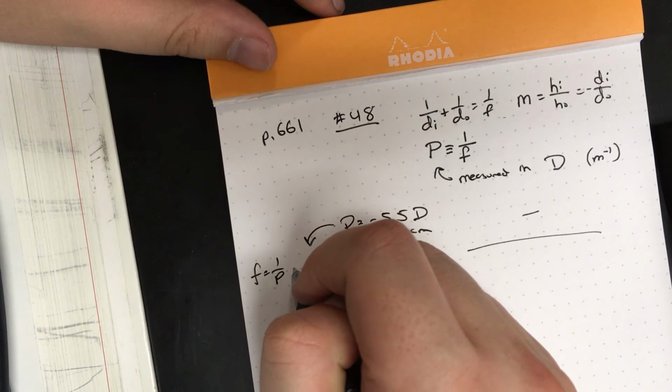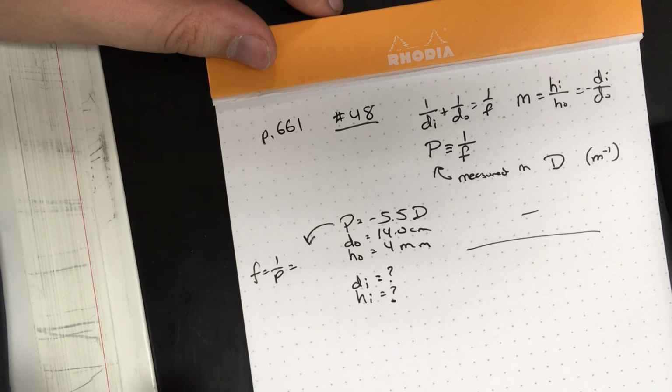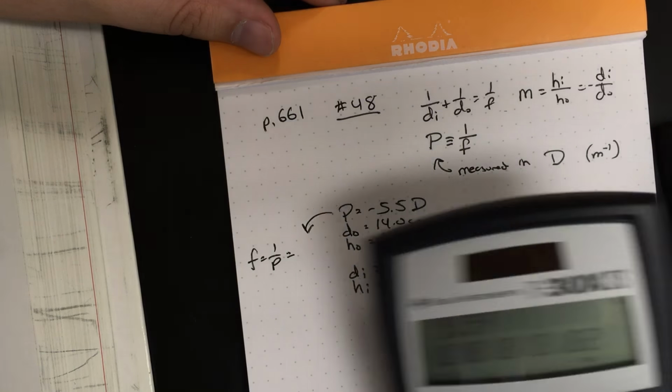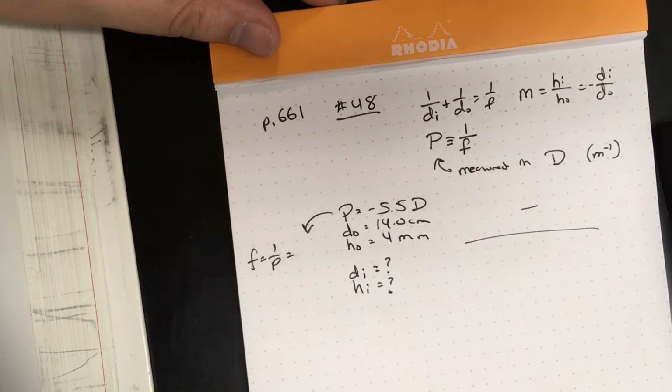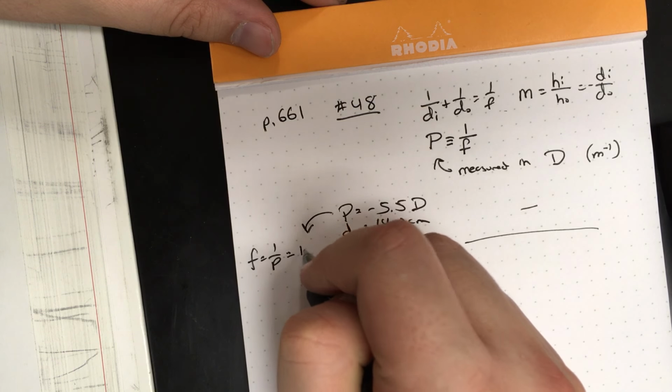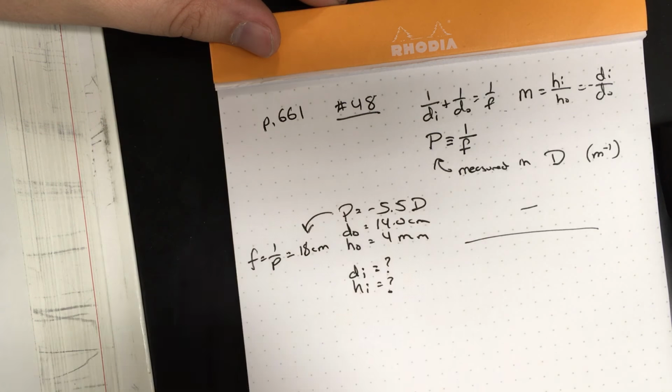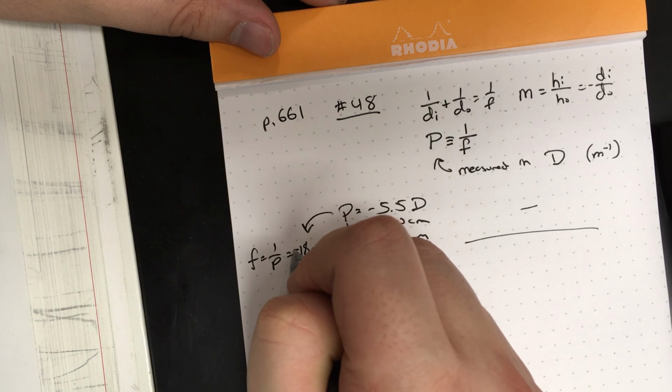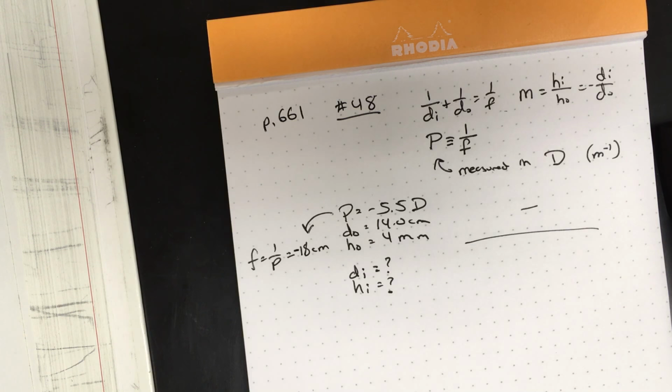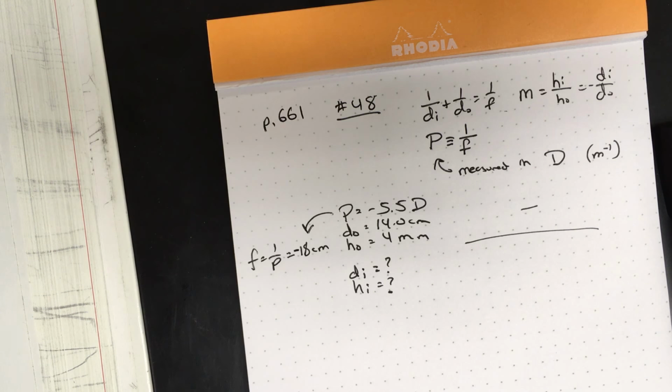So I'm getting a focal length of 0.18 meters, so that's 18 centimeters. Negative 18 centimeters, because this is a negative diopter. What does negative focal length mean?